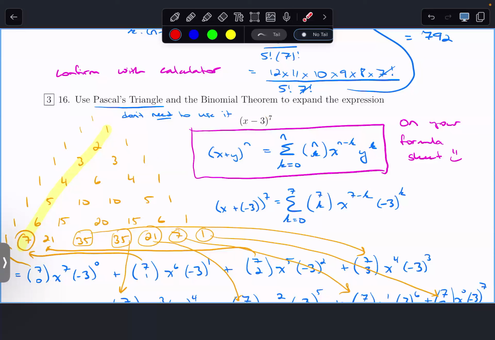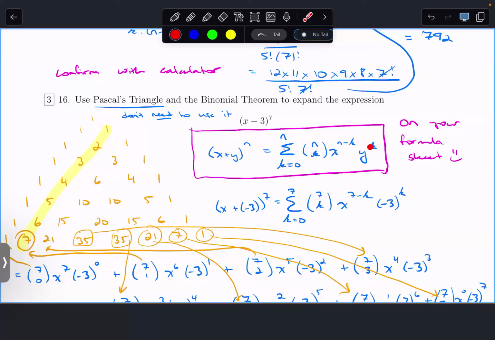And then we have n is 7, so 7 choose k, but we have to run through k equals 0, then k equals 1, then k equals 2, all the way up through to 7. And then x is just x, mapping from here to here, right? But then the exponent is 7 minus k, and then y is -3 to the power of k.